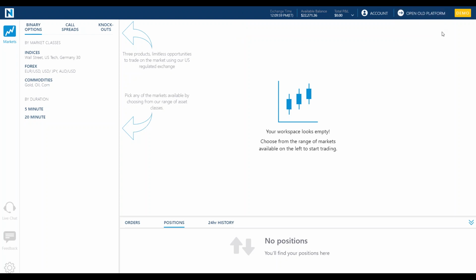The other thing I want to point out is I am in a demo account. I am in a demo environment. If you were in a live environment, it would say live. We do put live data into our demo environment, so what we're looking at should be pretty close to what's going on in the live environment right now, but it's not always 100%.